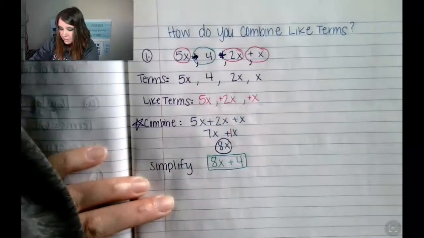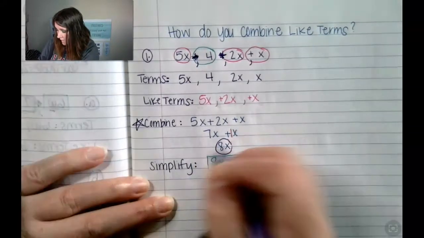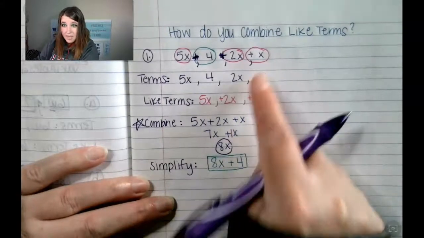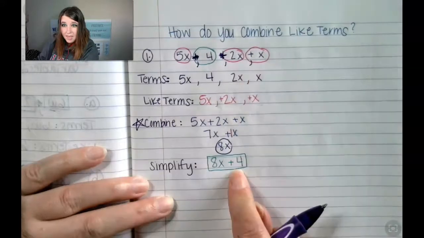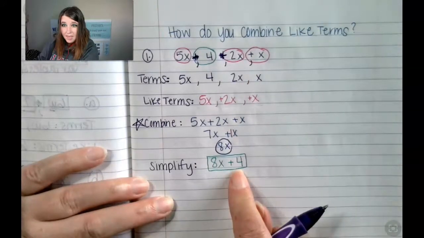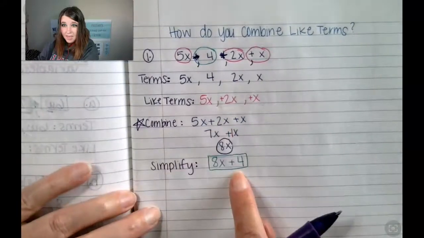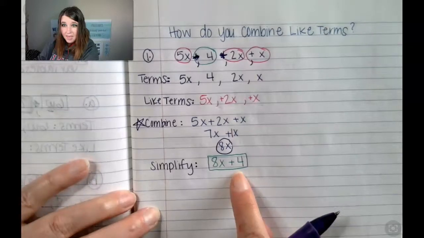So when you combine like terms, you take everything from this problem, you put the stuff together that's the same, and then you add on or subtract the stuff that's left over. Simplifying is just putting the rest of everything together so it's not a giant mess.